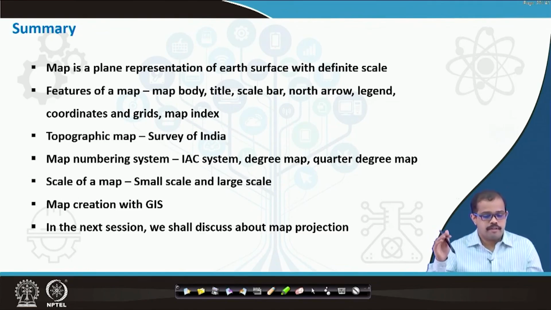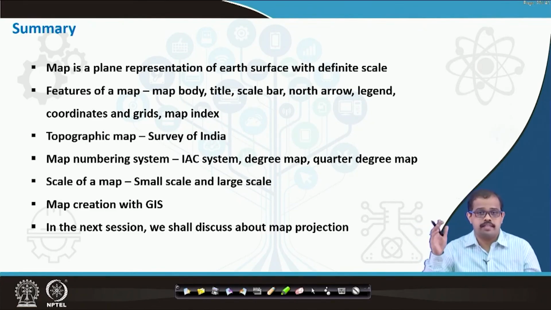We looked at the topographic map and also discussed the Survey of India. Then we looked at the map numbering system, IAC. So a 1:1 million map is represented by 4 degree by 4 degree and is represented in terms of just a number: 53, 58, 60, 65, etc. And when you go to 1:250,000, it is a 1 degree by 1 degree map.